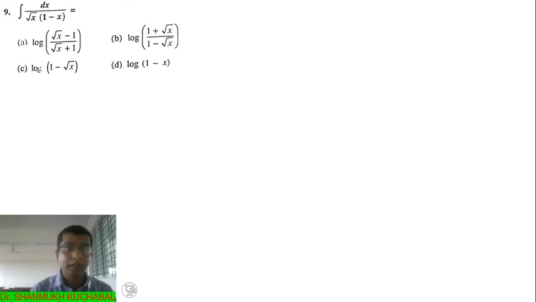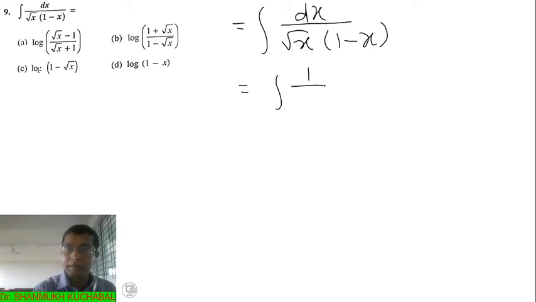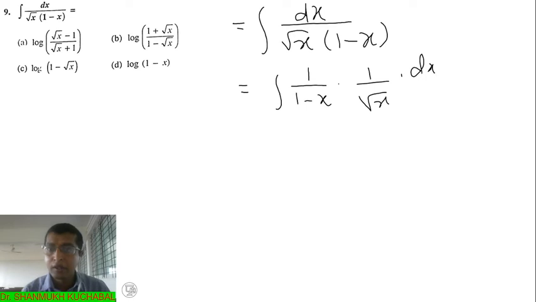Next we will move to example number 9. It is the integration of dx divided by root x into 1 minus x. Further this can be written as a multiplication, 1 divided by 1 minus x into 1 divided by root x into dx. Further, root x I take as a substitution.